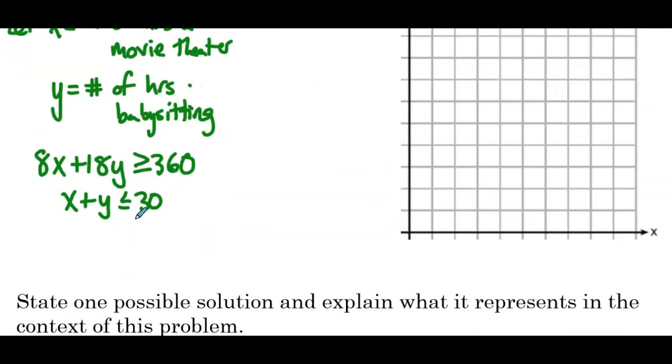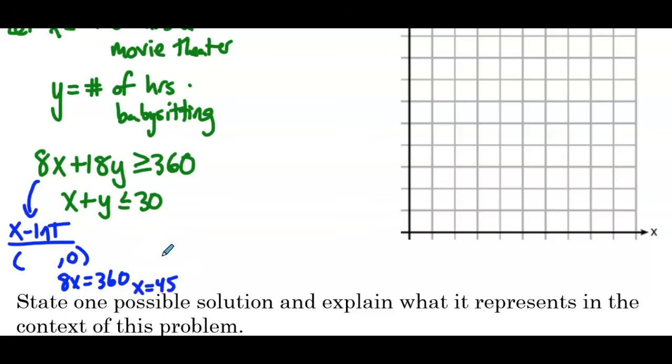Now that we have our system of inequalities, we need to figure out our scaling. We'll do that by finding the intercepts. So for our first equation, the x-intercept, when y is 0, we are going to have 8x equals 360. So if we do 360 divided by 8, we get 45.